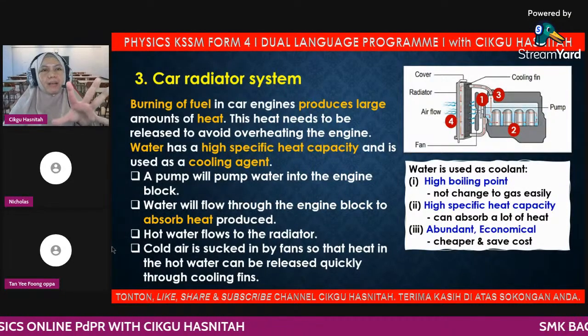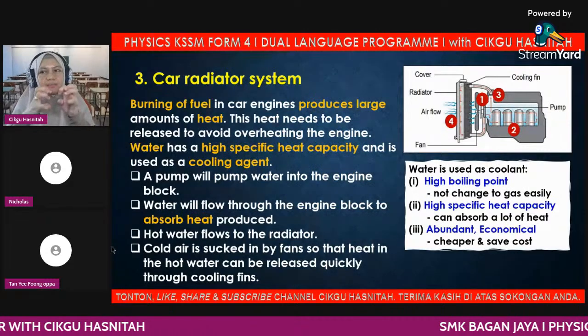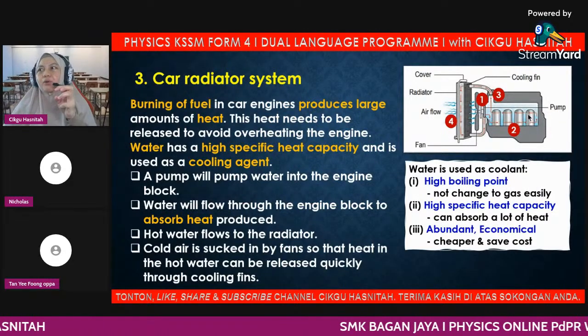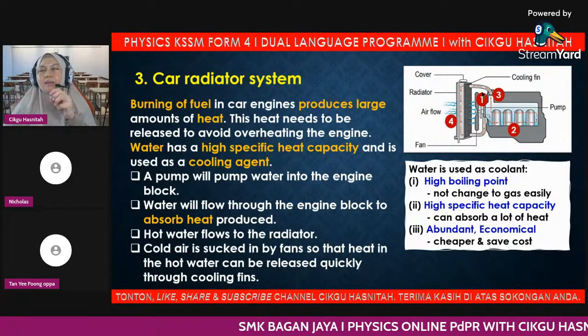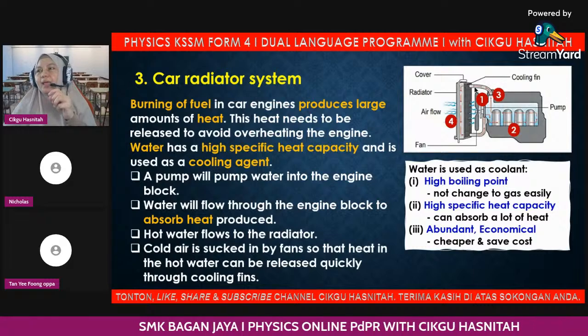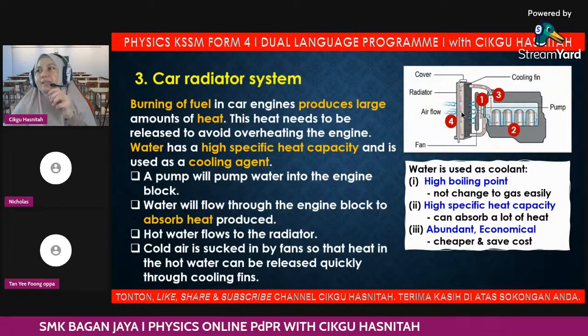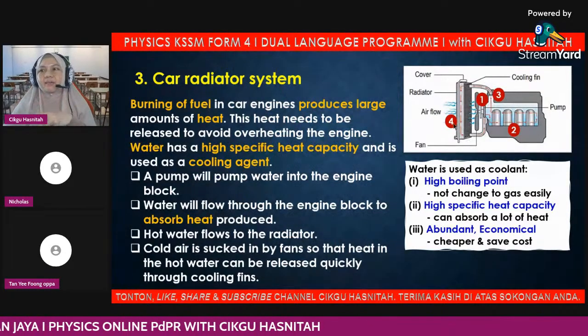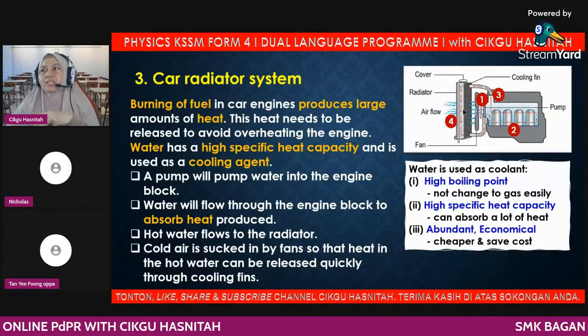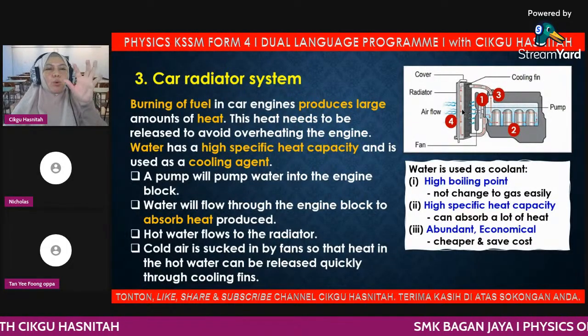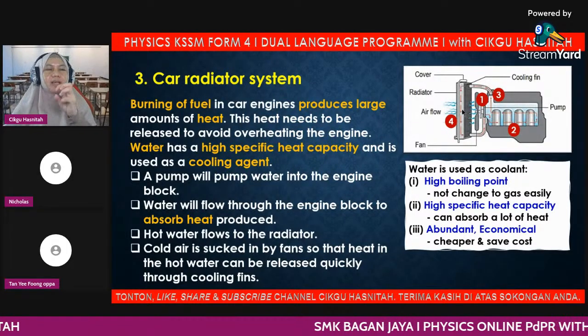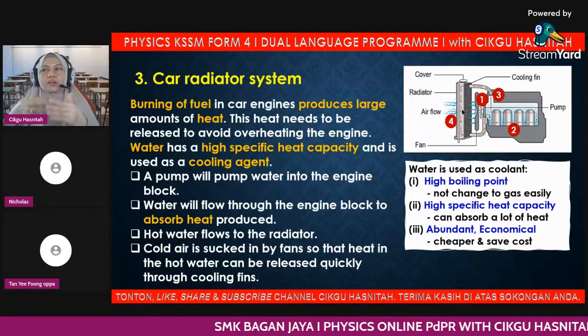And then third, what will happen? Once the water absorbs heat, it will get hot. So the hot water then flows to the radiator, point number 3 up there. And what happens inside the radiator? There is a fan at the radiator. This fan will suck in air from outside to cool down the hot water.